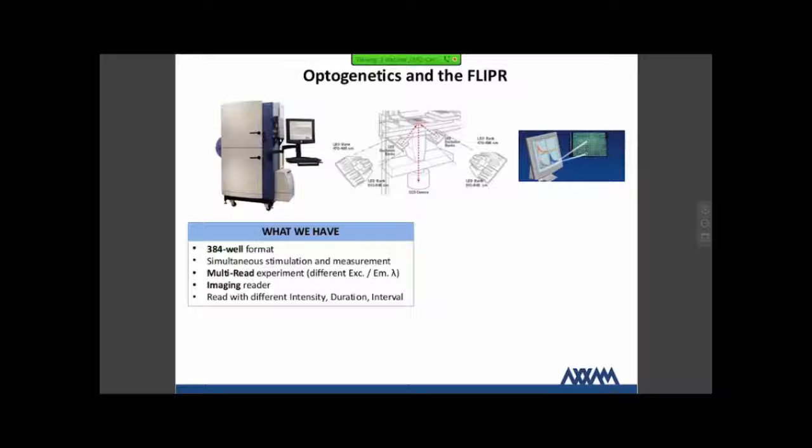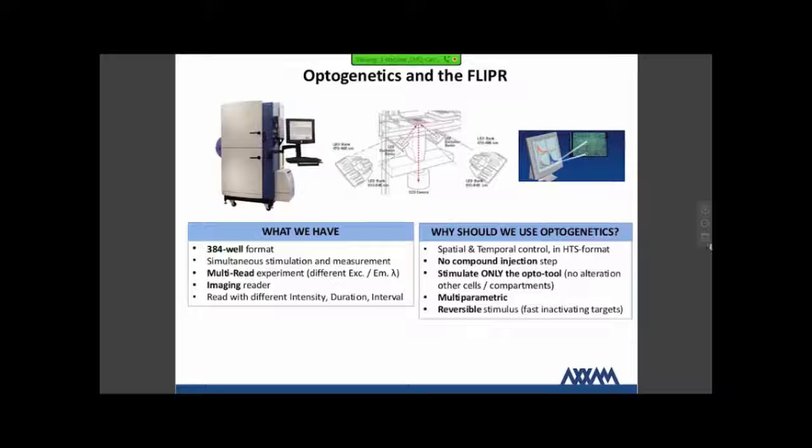You can play with different intensity, duration, or interval of your light stimulation and measurement. And of course, all the 384 wells are measured at the same time.